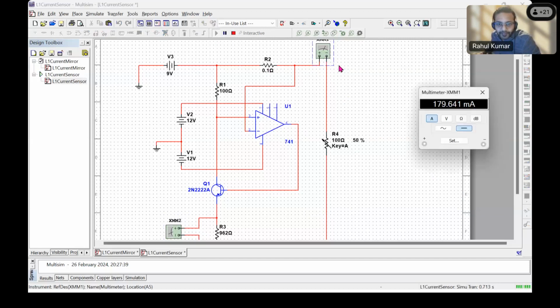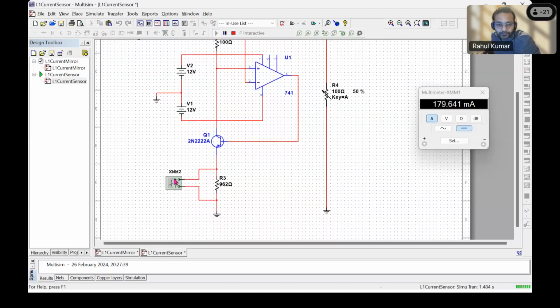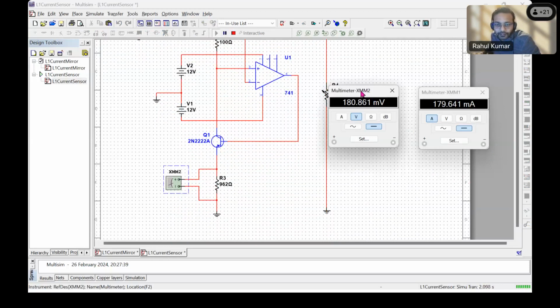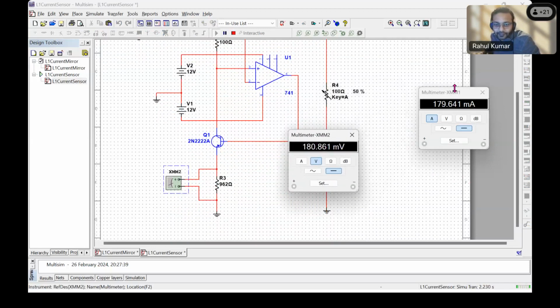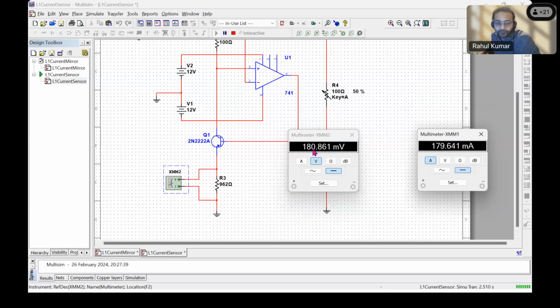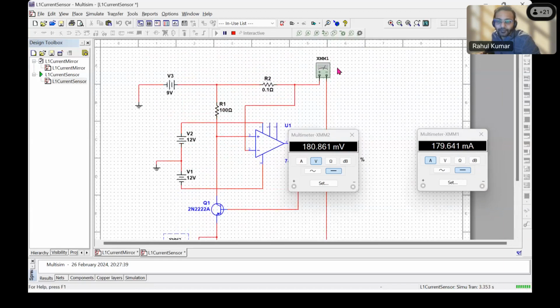So this is your ammeter, and just over here you have your voltmeter, right? The idea is that the voltmeter should give me the same number as the ammeter is giving, so that I can simply disconnect this ammeter and use the values. Just instead of millivolts, I will have to use milliamps.